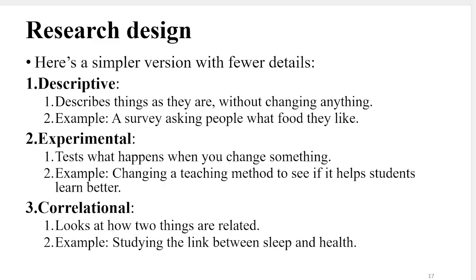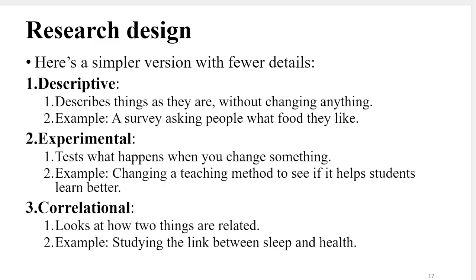It answers the question, what is happening? For example, a survey asking people about their food preferences or describing the number of patients with a disease in a hospital. It does not test, cause, or change anything. It only observes and describes.